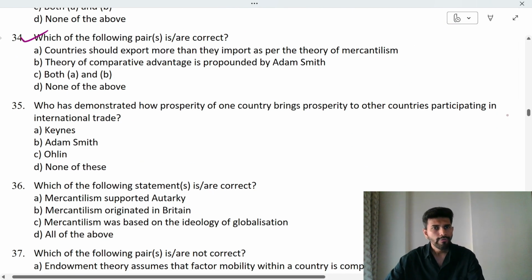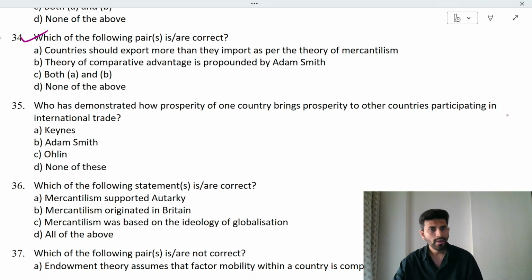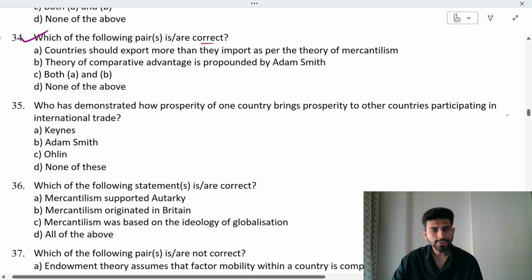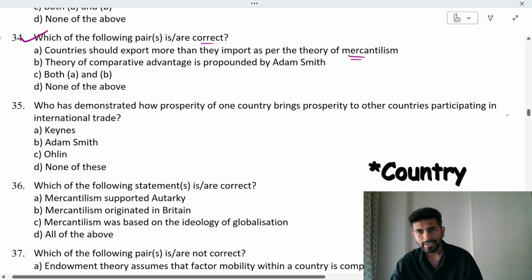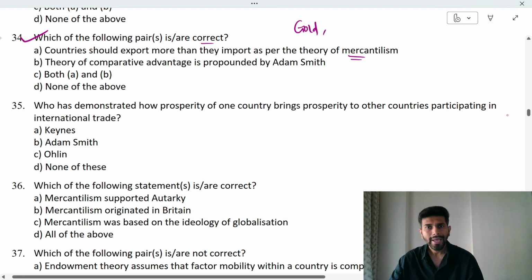Next, which of the following pair are correct? Countries should export more than they import as per the theory of mercantilism. Theory of comparative advantage is propounded by Adam Smith. Both or none of the above. Which of the following statement is correct? Mercantilism theory says that a country can become wealthy if it accumulates gold, exports more and imports less.